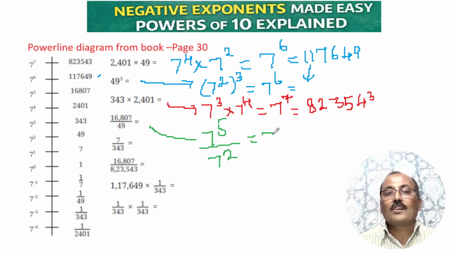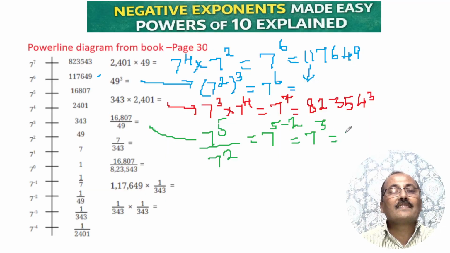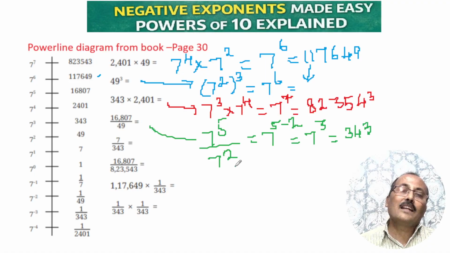What is this one? 7 to the power of 5 minus 2. A power m divided by a power n equal to a power m minus n. That identity. 7 power 3. What is 7 power 3 for answer? 7 power 3 is 343 is the answer. That's all over. So whatever they are giving, you can do it.